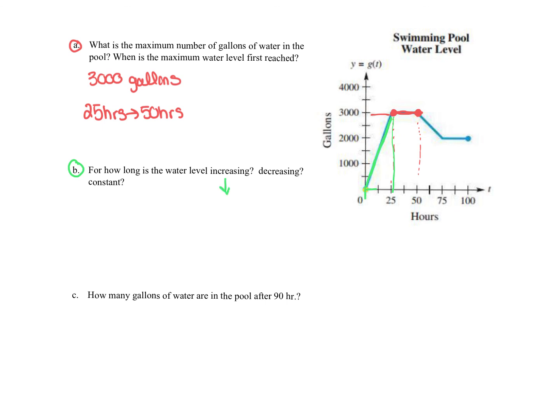So I'm increasing for 25 hours. I'm going to erase my green, so I have to draw again in a second. And then it says I am decreasing. That means I'm going down. This piece is decreasing. So I start decreasing at 50 and I stop decreasing at 75. So this span of time right there is 25. So I'm decreasing for 25 hours.